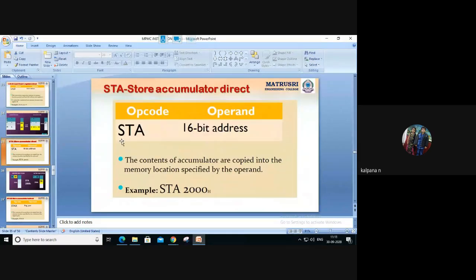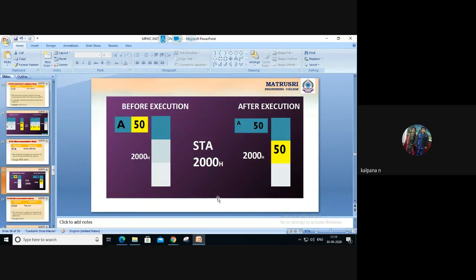Next, STA. STA is what? Store accumulator direct. ST stands for store, A stands for accumulator. So the content of the accumulator is copied into the memory location specified by the operand. Example: STA 2000H.